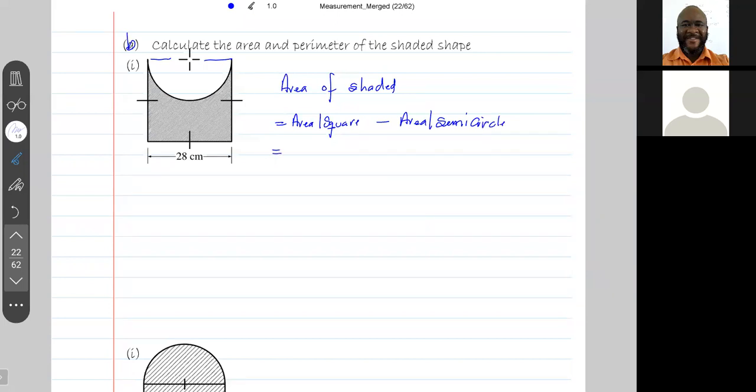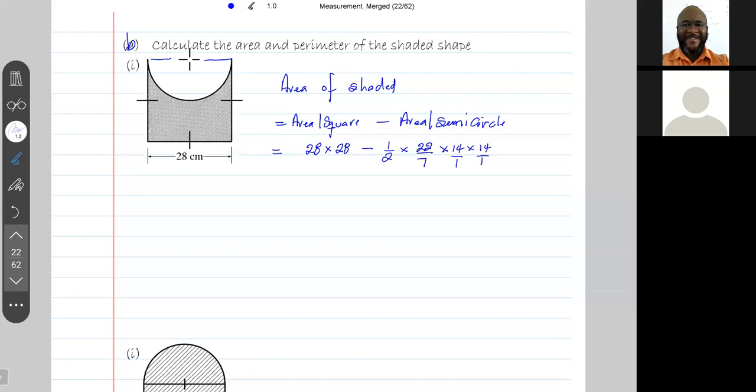Now, the area of the square would actually be 28 times 28. The area of the circle is a half pi r squared. Let's use 22/7 for pi, because they didn't say, times the radius, which is 14 times 14.